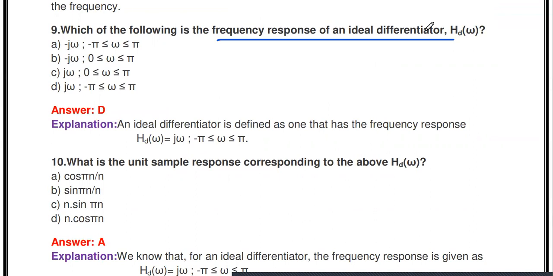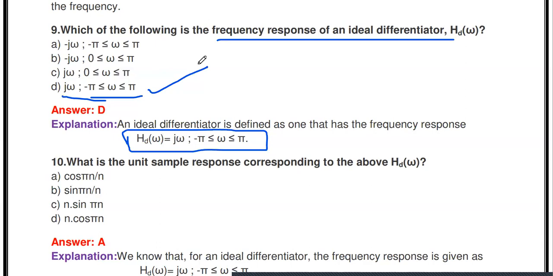H_d(e^{jω}) equals jω for the frequency between minus π to π. Just remember it: the frequency response of an ideal differentiator is given by H_d(ω) equal to jω.